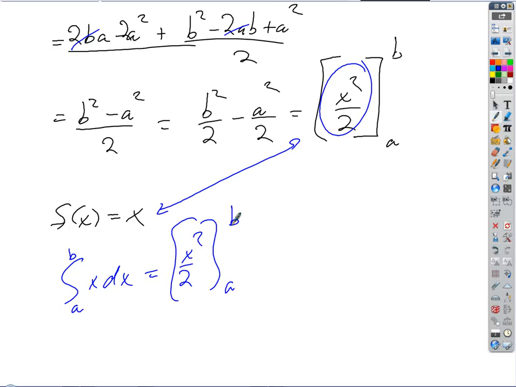Let's do an example of this, and then I want to challenge you to think about this in a slightly different way. So what if we wanted to avoid that whole limit process, and I just want you to find the area under the function, let's do square root of x on 1 to 4.